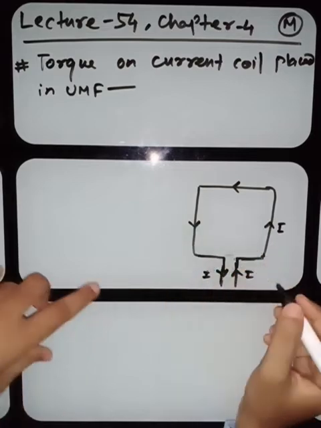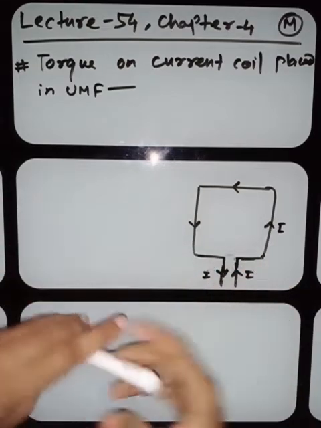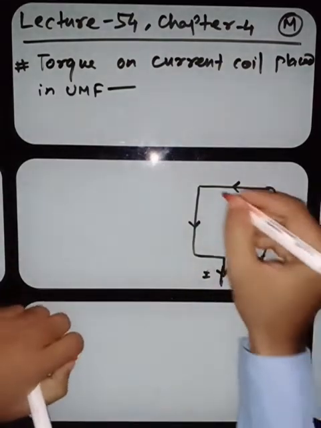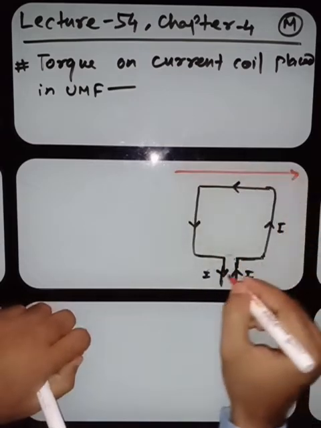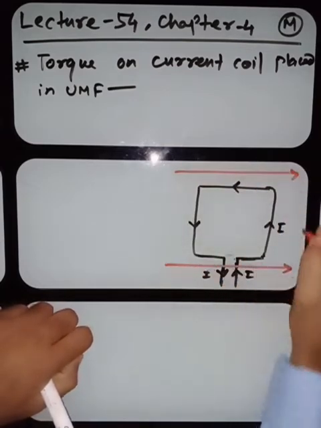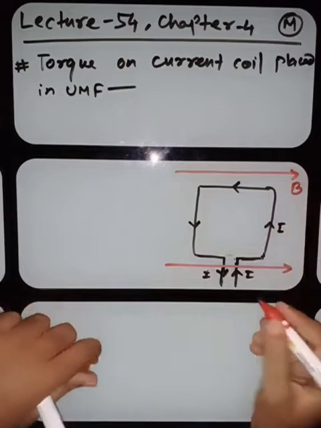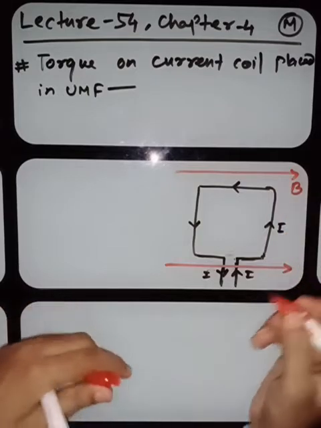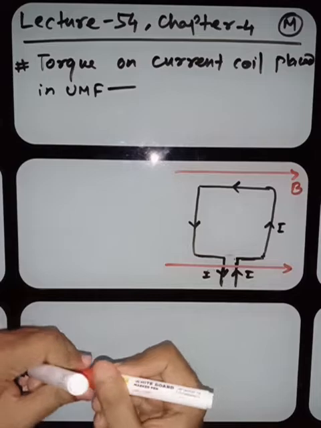Now something you have to consider over here. Suppose this is the magnetic field in which this coil is kept. This magnetic field is B. We'll consider the direction also, my dear student.